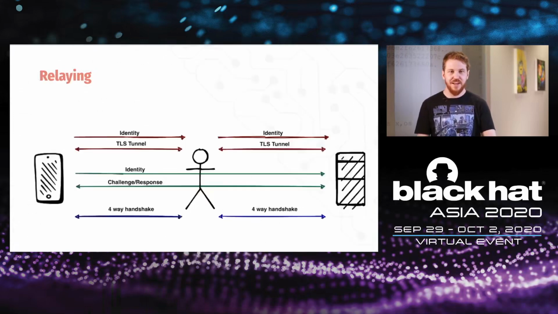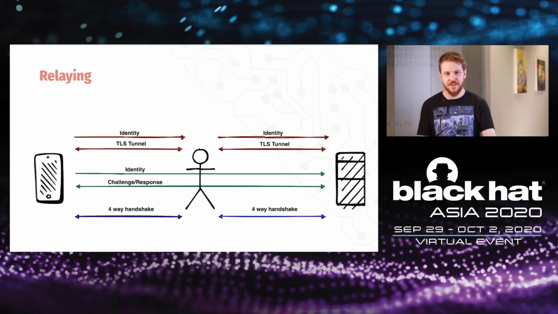So with relaying, you can prove that you know the password, or at least you can prove that somebody knows the password, not necessarily you. So once again, you set up your TLS tunnel, trick the person into connecting to you, they initiate the TLS, and you start authenticating to a random server somewhere that does know the password. The challenge response ensues. The server will send back a correct response because it knows the password.